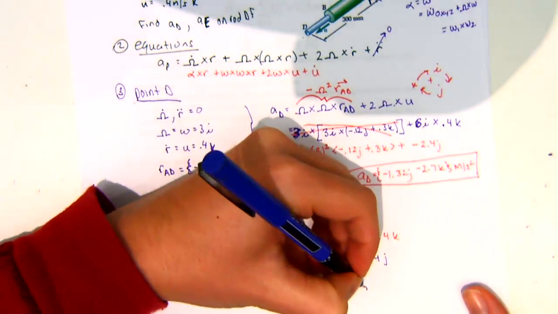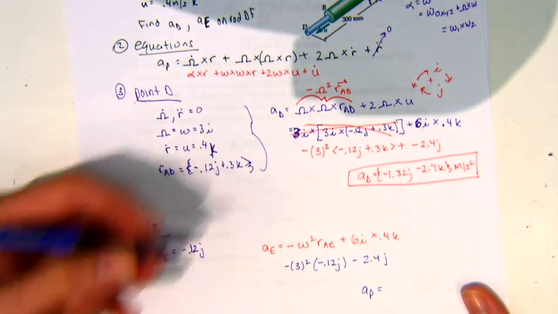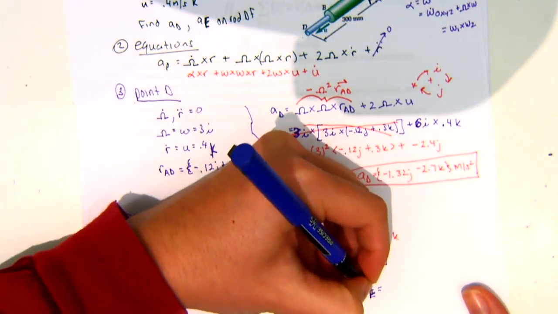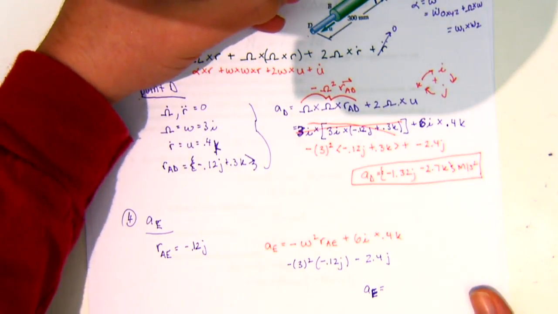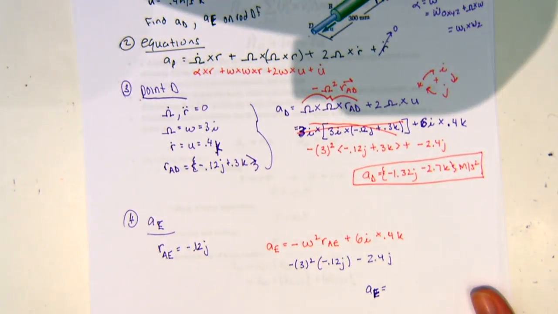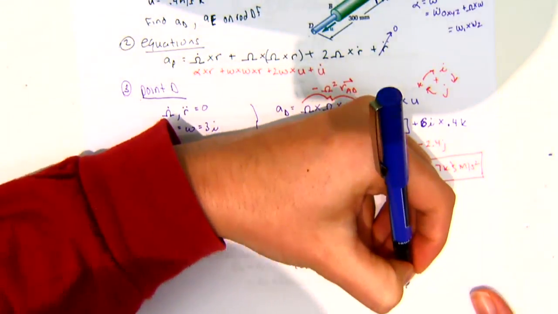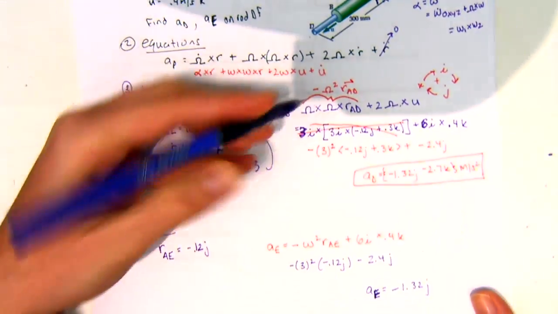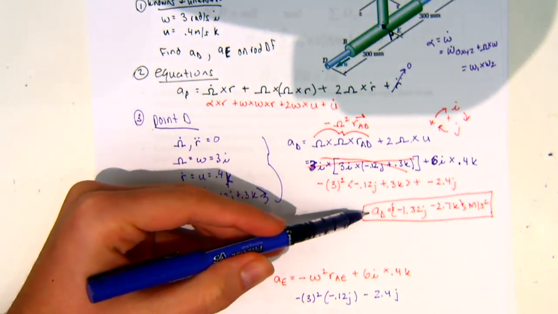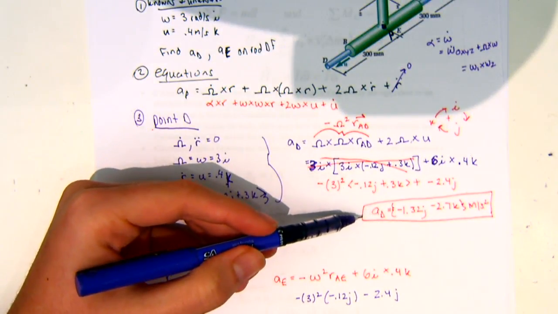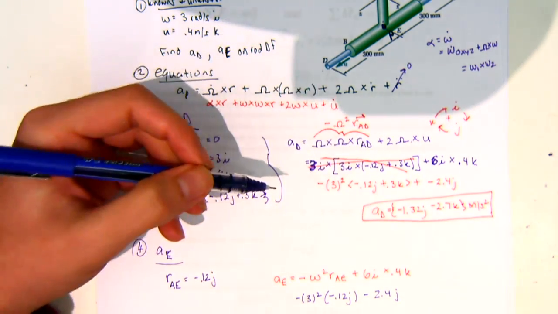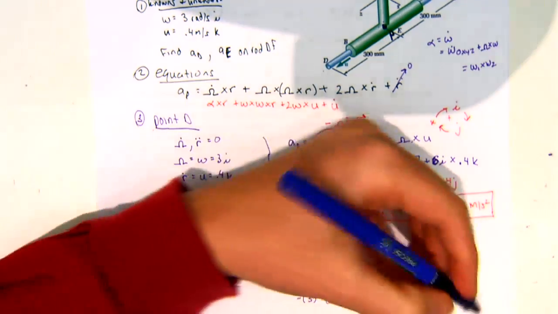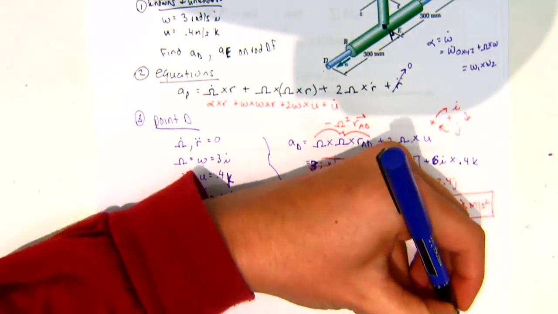So you get the acceleration of point P or point E, whatever you want to call it, the acceleration of this thing that's on the one rod, is negative 1.32J. So if you notice, that's the same exact acceleration in the J direction as for point D. For this problem, yeah, so it's linear acceleration. And that is in meters per second squared.